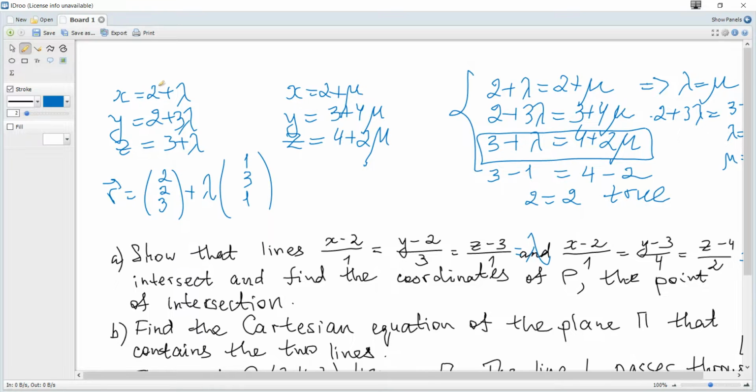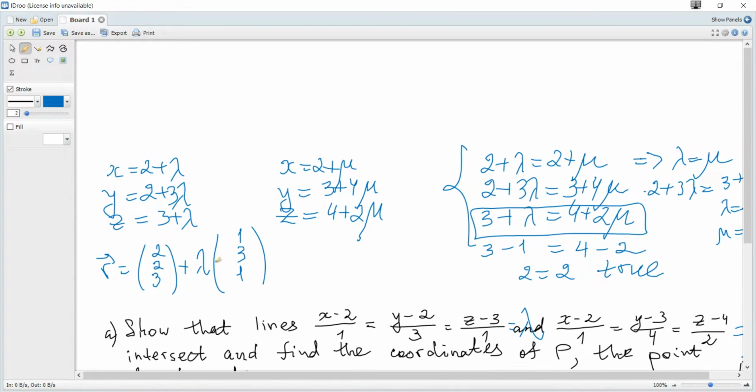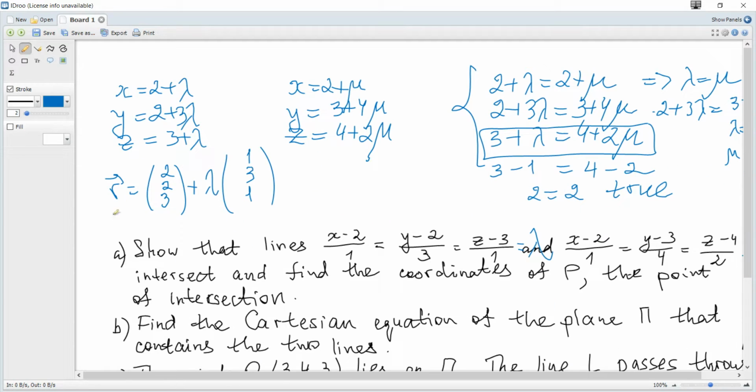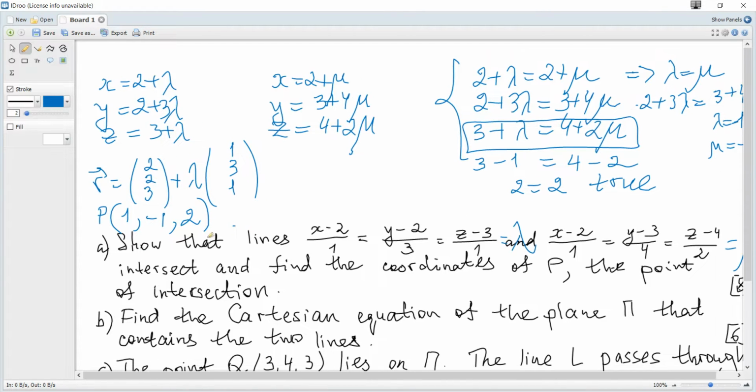It doesn't matter. So for example, from this we get that the required point is (2 minus 1, 2 minus 3, 3 minus 1), which is (1, -1, 2). So these are the required coordinates of point P.